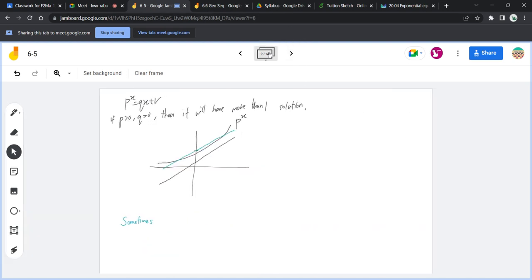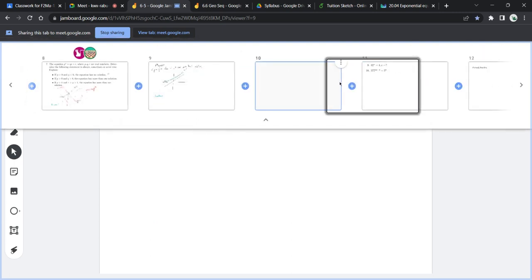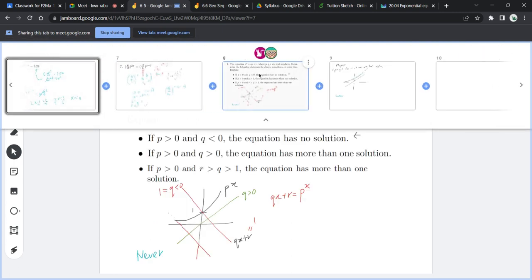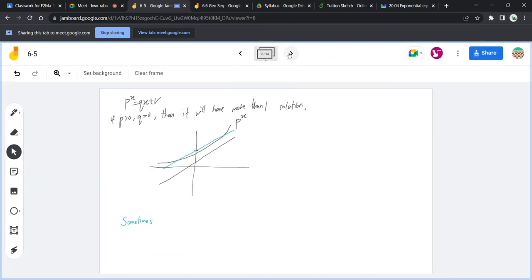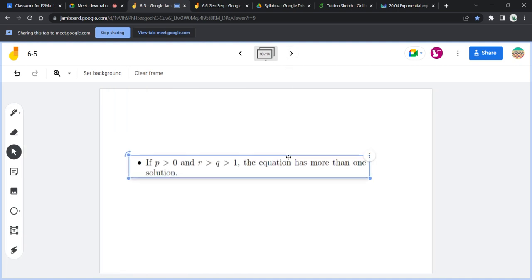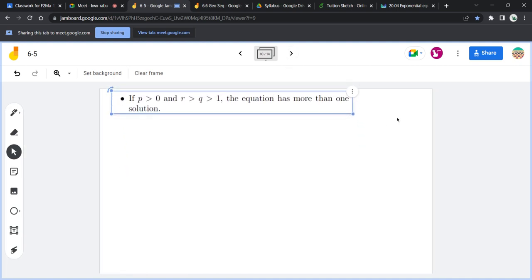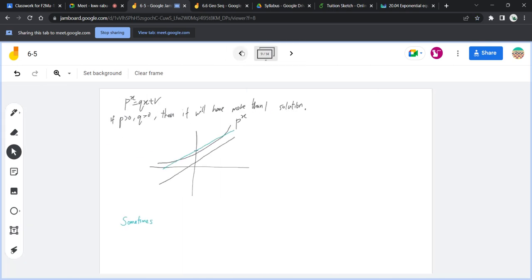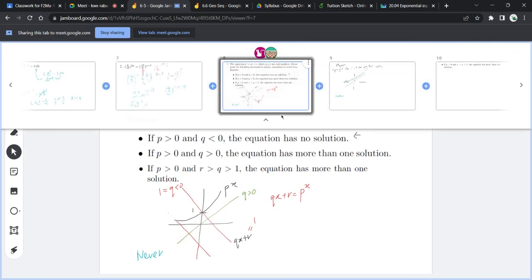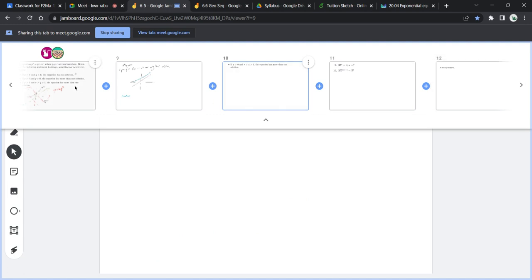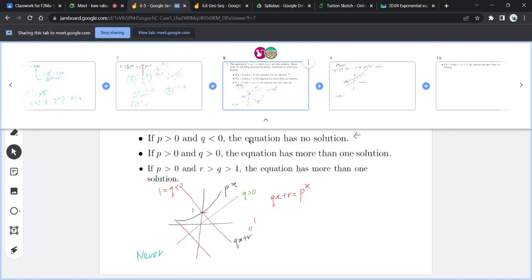Okay, for the third one, let's see. So for the third one, maybe you can try to draw the graph for the third one.